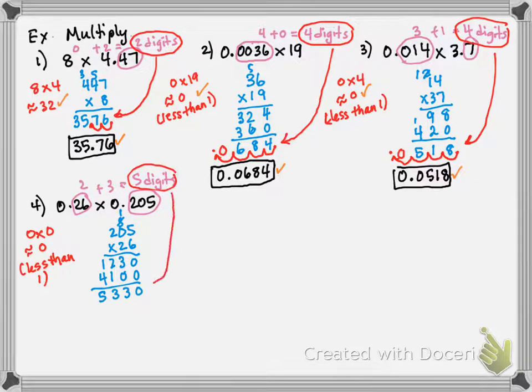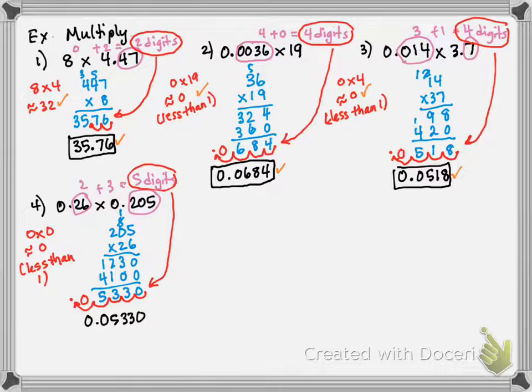5. So I start at the back, move 1, 2, 3, 4, 5 places to the left. Fill up that blank with a 0. And I get 5,330, and it looks like tens, hundreds, thousands, 10,000, 100,000s.